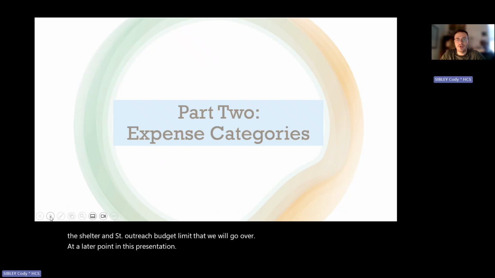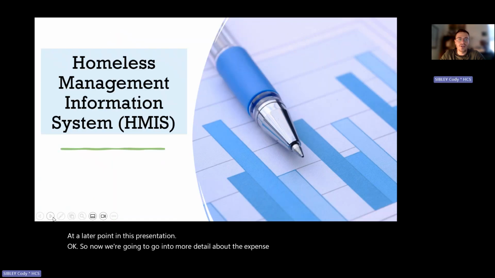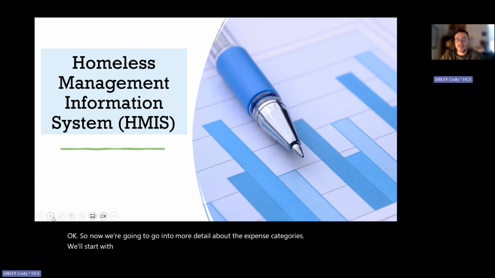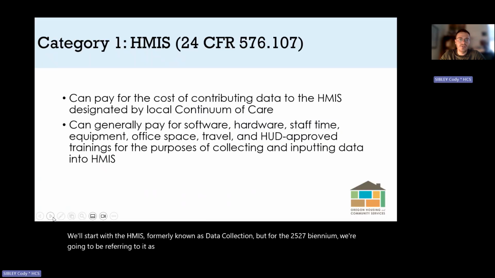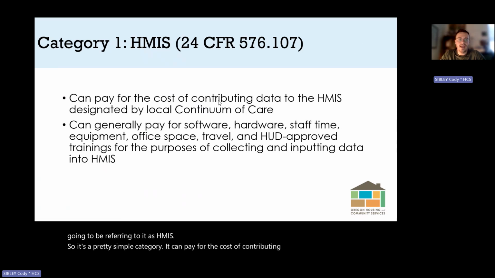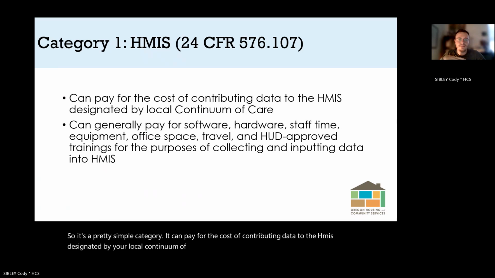Okay, so now we're going to go into more detail about the expense categories. We'll start with the HMIS, formerly known as data collection, but for the 25-27 biennium, we're going to be referring to it as HMIS. So it's a pretty simple category. It can pay for the cost of contributing data to the HMIS designated by your local continuum of care.